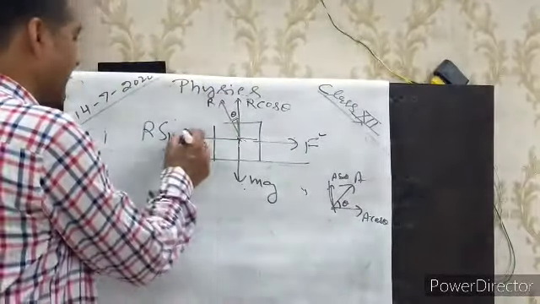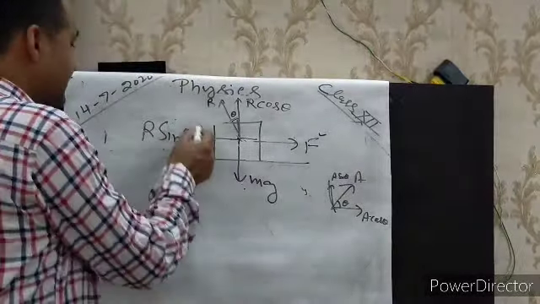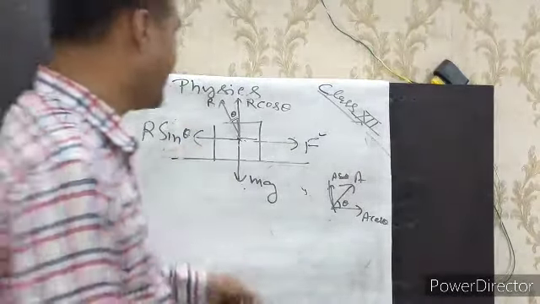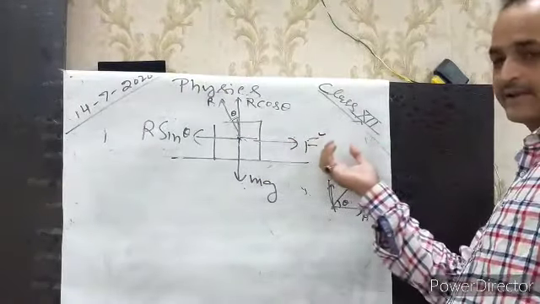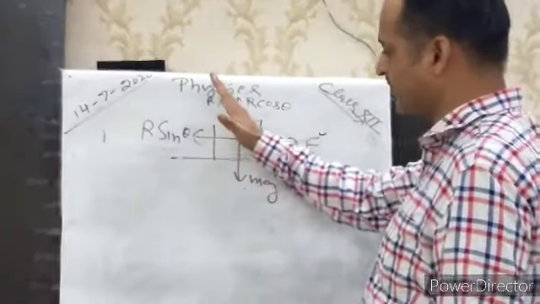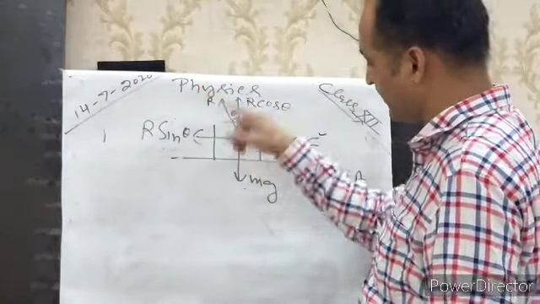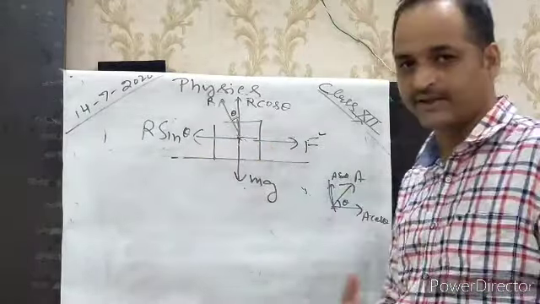With increasing angle, the numerical value of sin theta will increase, and hence R sin theta will increase. So when we increase this external force F, this R will shift again and increase angle theta, so that R sin theta can be increased.